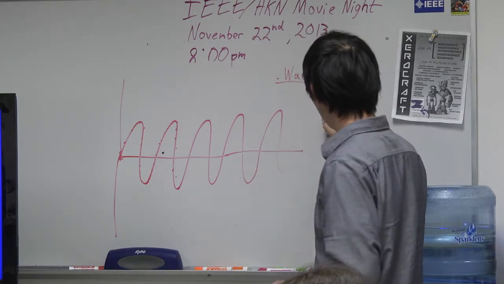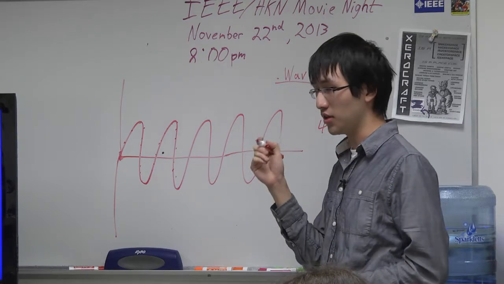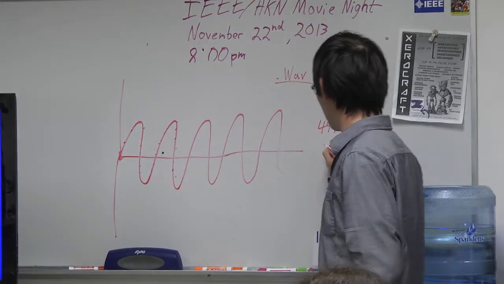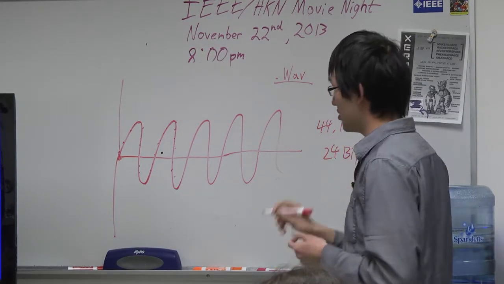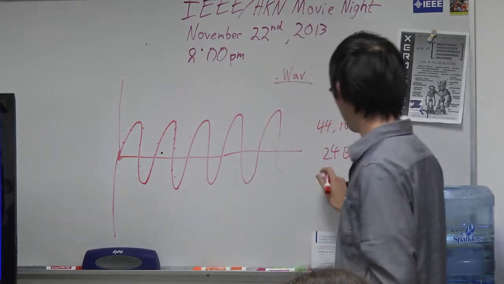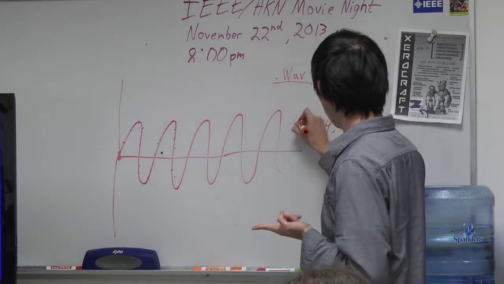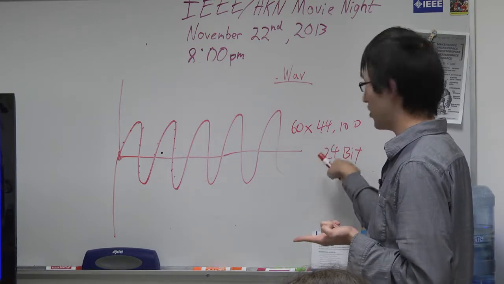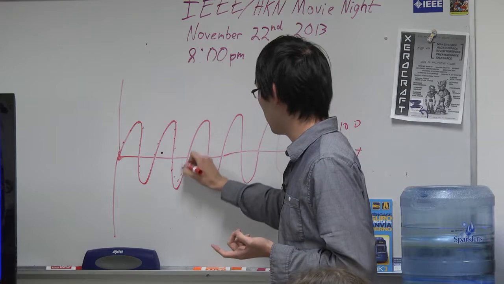Usually they store 44,100 samples per second, and each number they take is 24 bits, though sometimes 16 or 32. So each minute of WAV file contains 60 times 44,100 times 24 bits of numbers. That's why WAVs are huge.